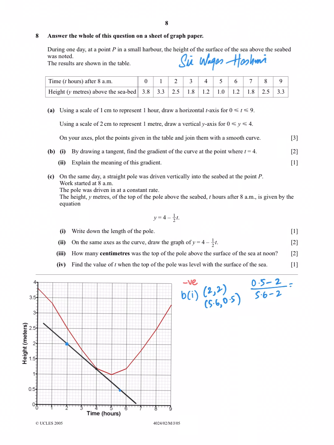So it will be 0.5 minus 2, that is minus 1.5, divided by 5.6 minus 2, which equals 3.6. So 1.5 divided by 3.6 equals minus 0.42. That is your gradient, and since it is negative, that means I have done it right.